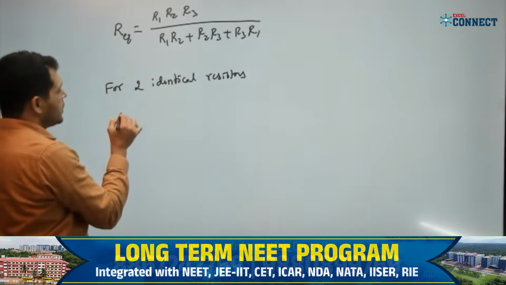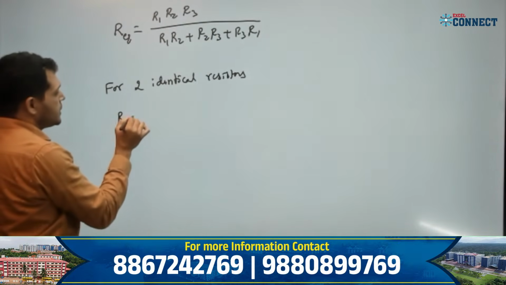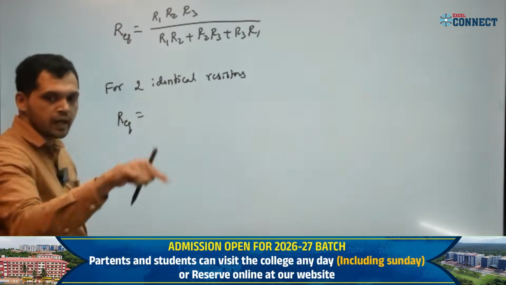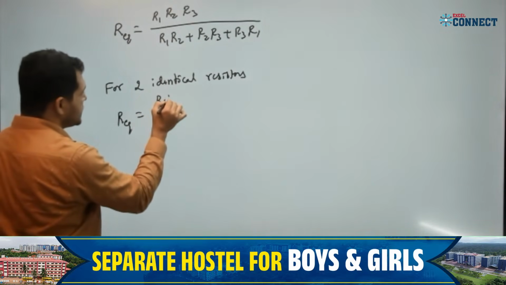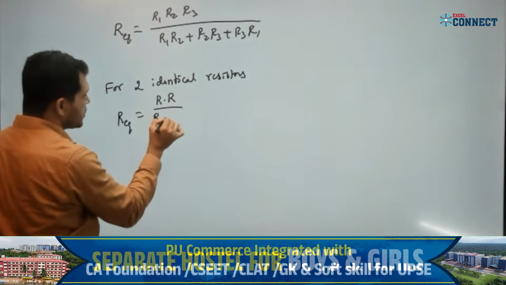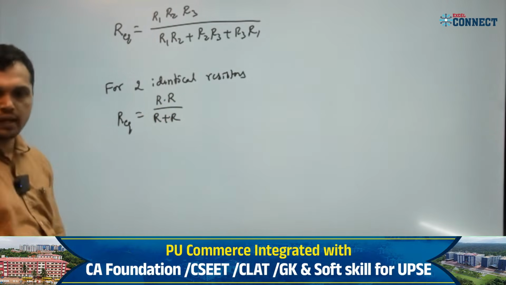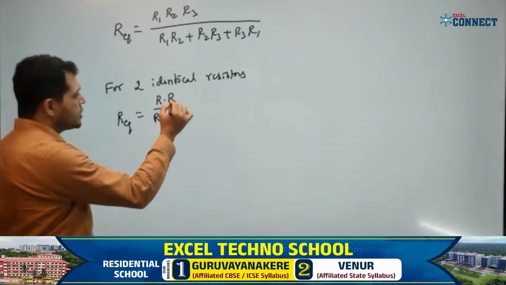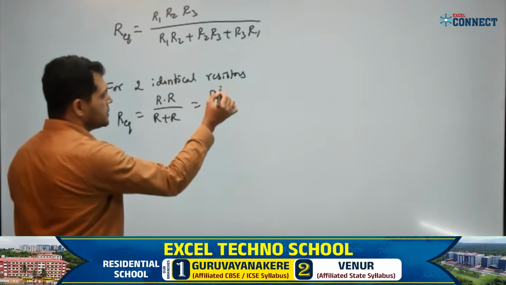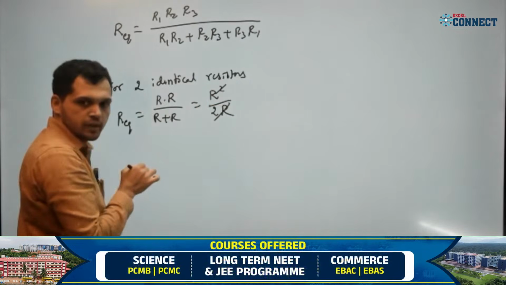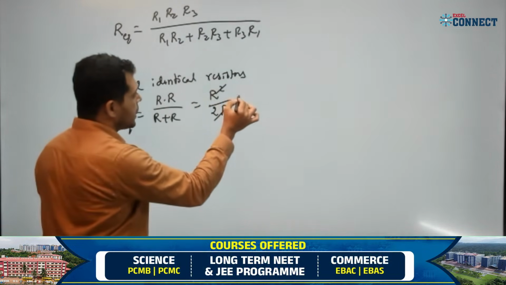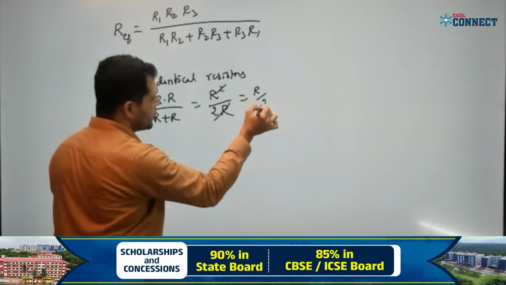What is R equivalent? R equivalent is R1 R2 by R1 plus R2. That is R into R by R plus R. What do we get? R square divided by 2R. One R cancels. What is remaining? R by 2.